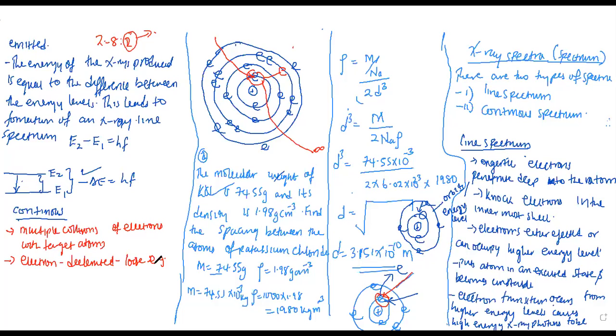When they lose energy, X-rays are given off, with varying wavelengths from a minimum to infinity.